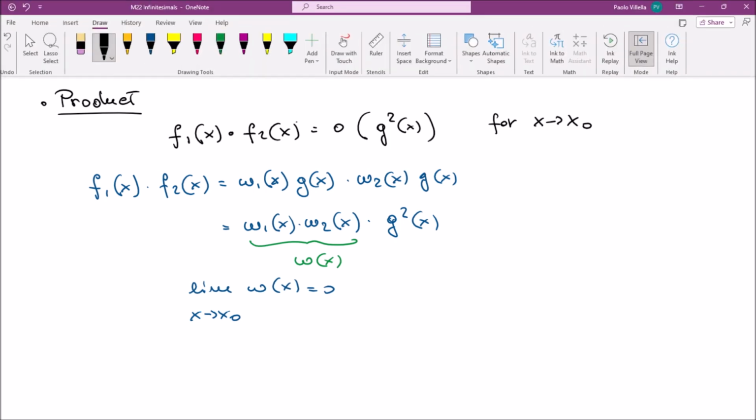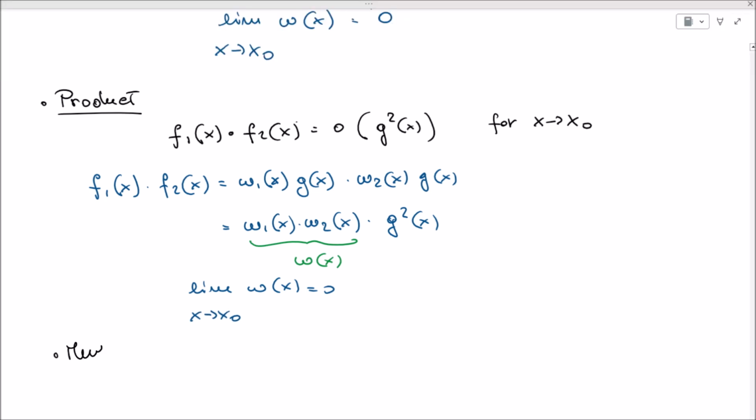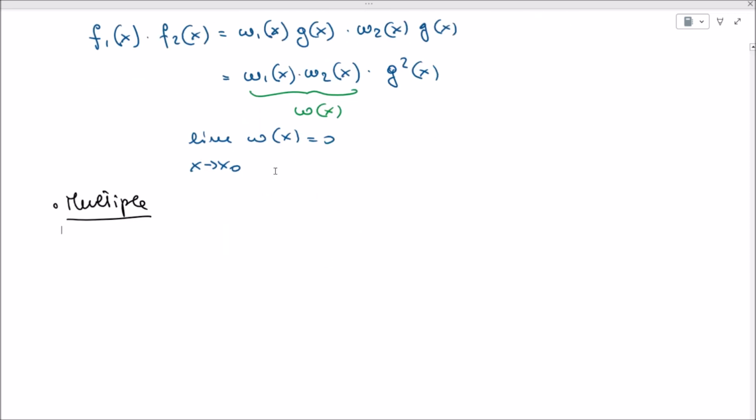What about the multiple? If we multiply, so let's consider the multiple of a function. So let me consider alpha f1 of x, where alpha is any real number. So somehow this is a multiple of the function f1 of x, and I'm saying that this is little o of g of x.